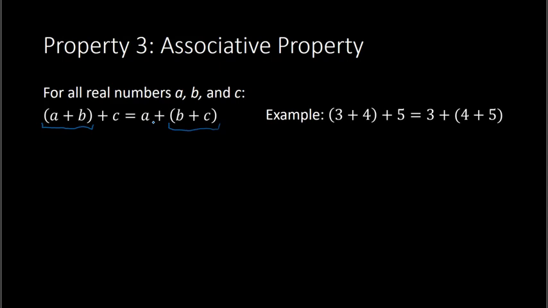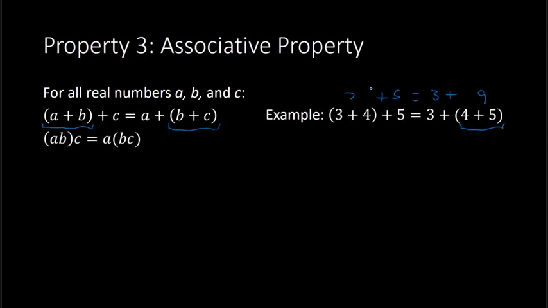So for example, if we had 3 plus 4 plus 5, it doesn't matter if I add 3 plus 4 first and then add 5, that'd give me 7 plus 5, or if I were to add the 4 plus 5 first to get 9 and then add the 3. Either way, we get 12 as our answer.